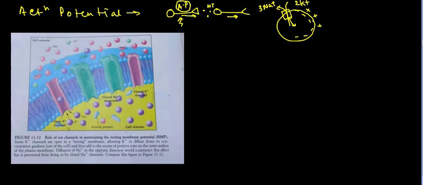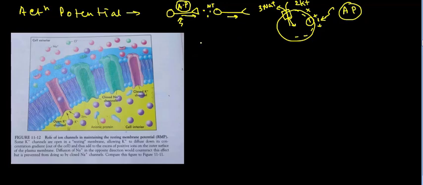This is also true for neurons, but when a stimulus is applied to the neuron, the inside of the cell membrane becomes positive and the outside of the cell membrane becomes negative. This is the reverse of the normal condition, and this is called the action potential, or nerve impulse.